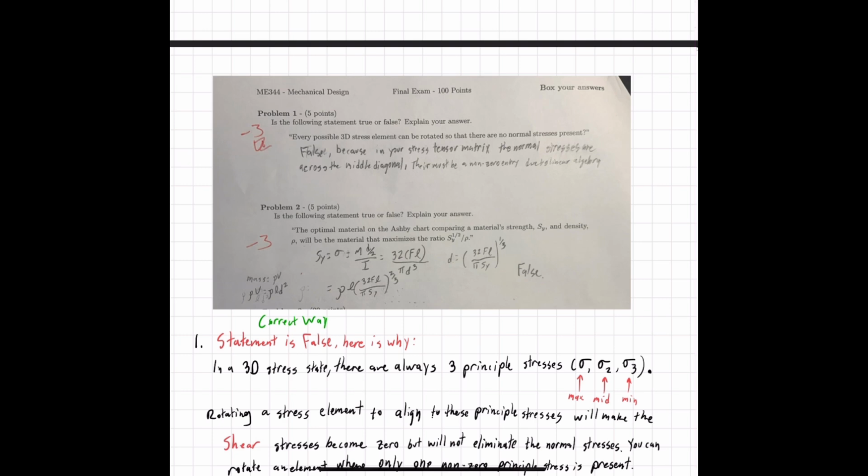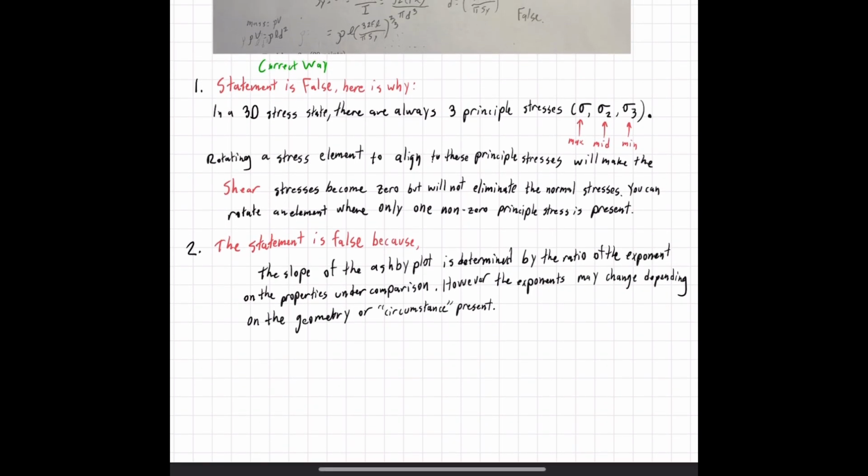So here explains the correct reasoning. It says the statement is false because the slope of the ASPE plot is determined by the ratio of the exponent on the properties under comparison. However, the exponent may change depending on the geometry or the circumstance present. And what I mean by circumstance is the type of loading or the kind of situation the part you're analyzing is in.